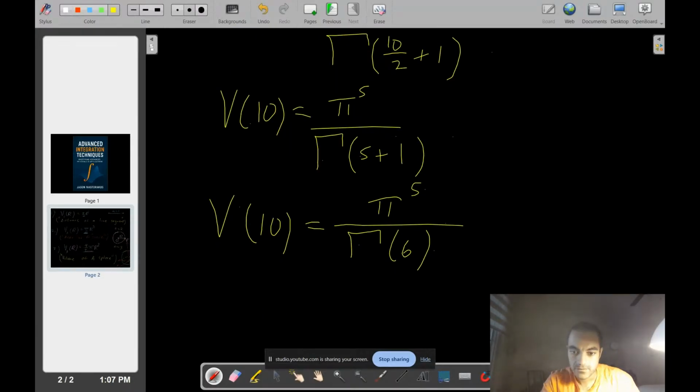Now we can calculate this. First we can figure out what gamma of 6 is. It's very easy, as long as you know what a gamma function is.